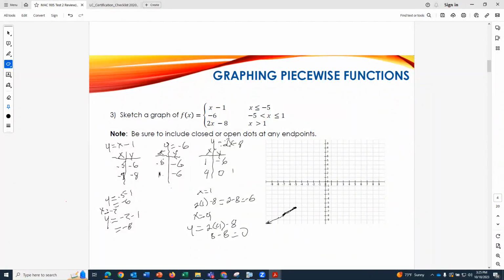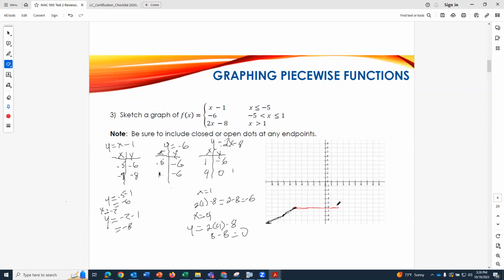Okay. All right. Let's do the next one. -5 will be -6 as well, and 1 will be -6. And now we just draw the horizontal line at y equals -6.